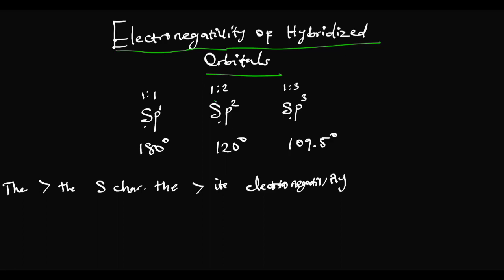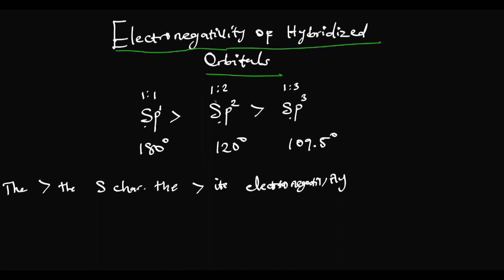So which one do you think has the highest s character? It's obvious. This has the highest s character. So according to what I said, the greater the s character of a hybrid orbital, the greater the electronegativity of the orbital. So this has a higher electronegativity value compared to this. So therefore, this also has a higher electronegativity value compared to this. Please do not forget it.